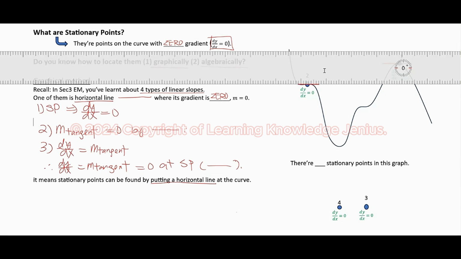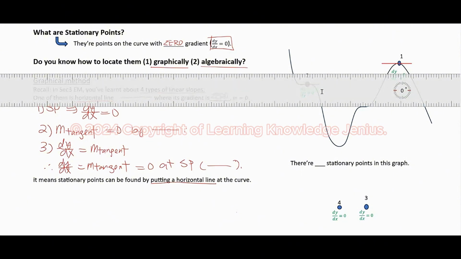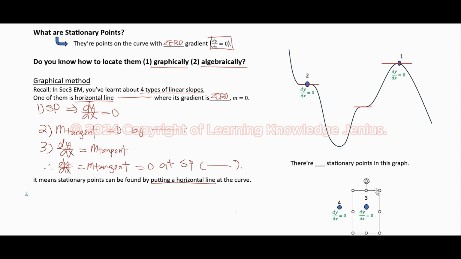Back to the process, move the ruler downward slowly, and you can see I get my third stationary point. So point 3 here.